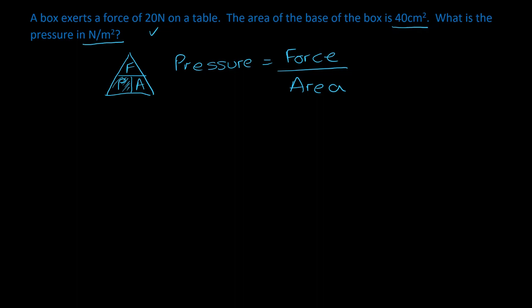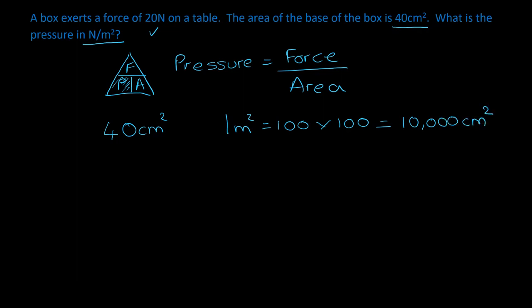So we need to change that. 1 meter squared equals 100 times 100 centimeters squared, which is 10,000 centimeters squared. So in meters squared, we need to divide the 40 by the 10,000 to get that.